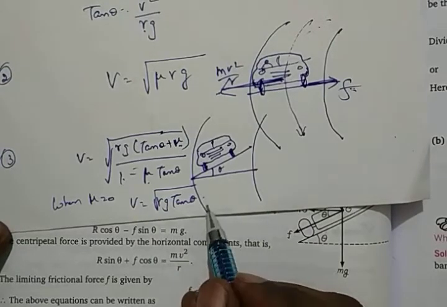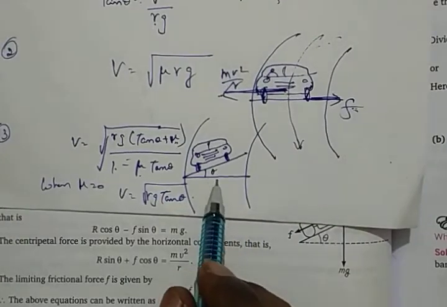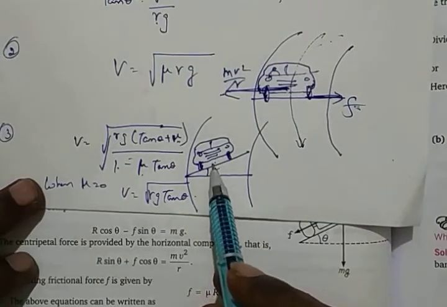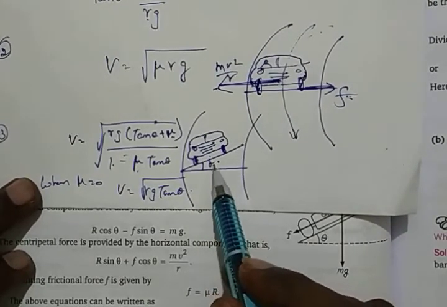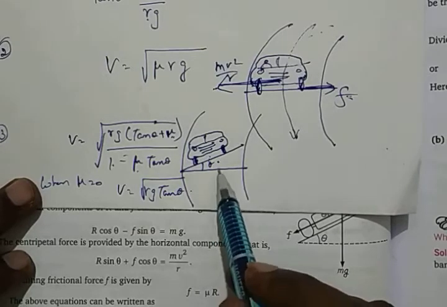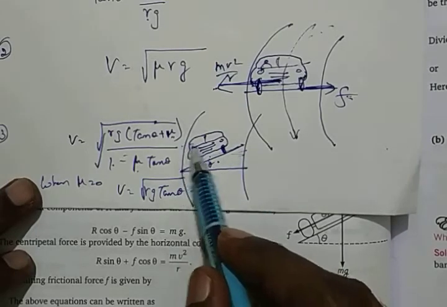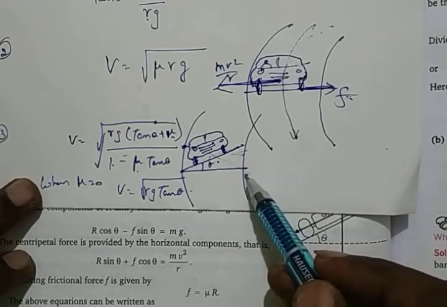Remember, this banking in the diagram which I have drawn is wrong. This one is capable of sliding more. It will not be banked like this. If it is curved like this, the outer edge will be banked in this direction.